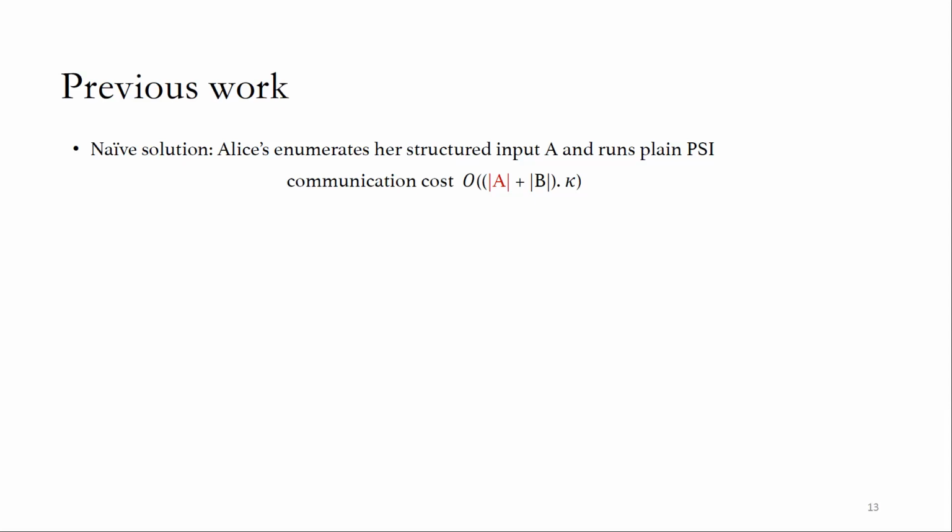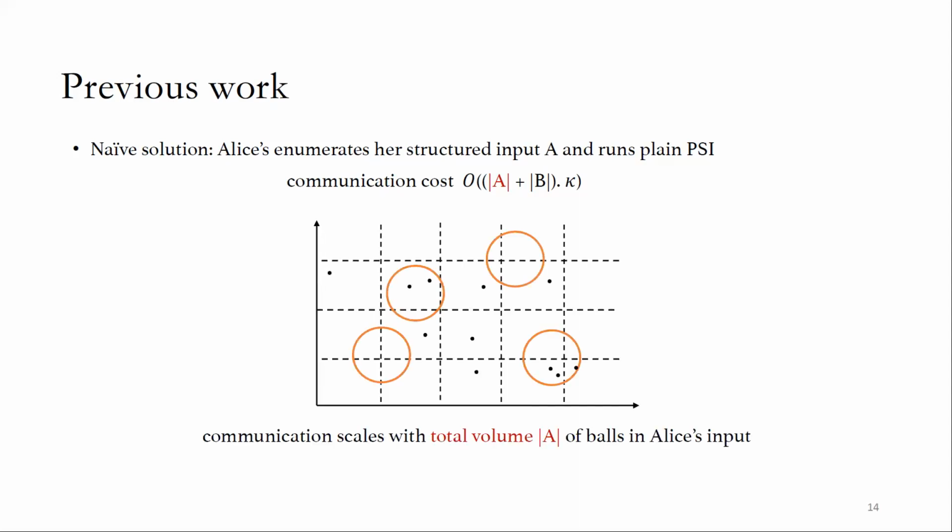Sure, this works. But the issue is that these standard PSI protocols are designed in such a way that the communication cost and the computation scale with the cardinality of both the parties' input sets. Let's see what this means with an example. Suppose Alice's input is this union of orange-colored balls.